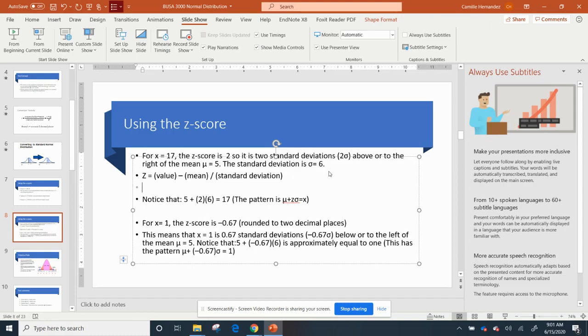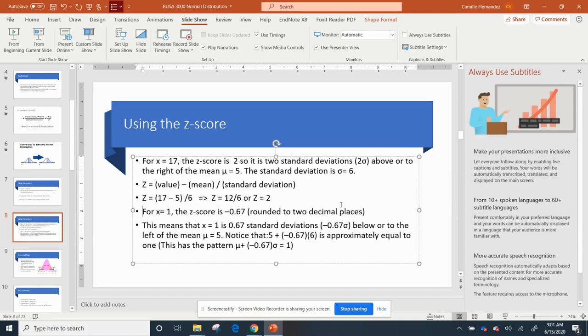Then z equals the value, which was 17, minus 5, divided by 6. If I keep going with that, I get z equals 12 divided by 6, or z equals 2. That's how I got that.